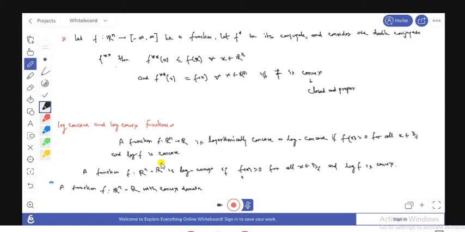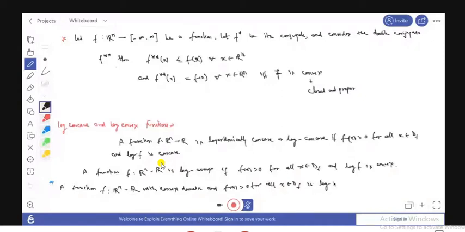If f is from R to R with convex domain, and the function is positive for all x which belongs to the domain of f, it is log concave.